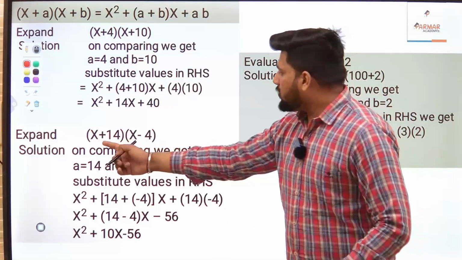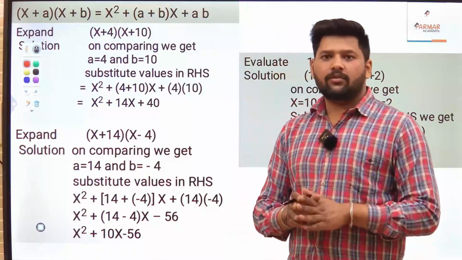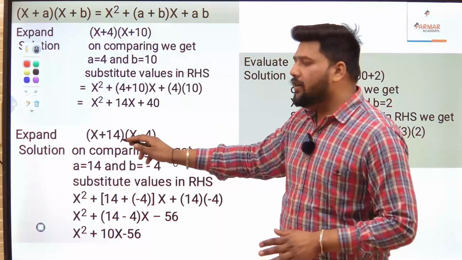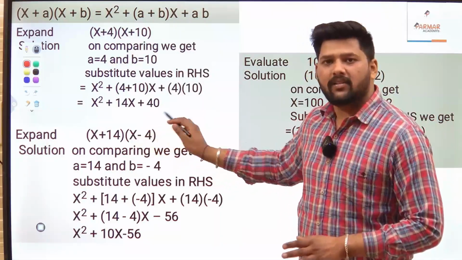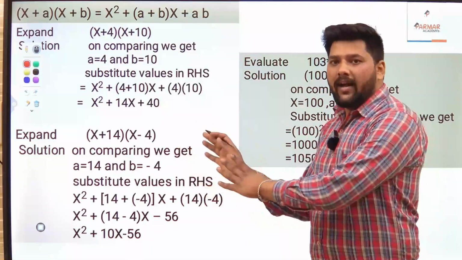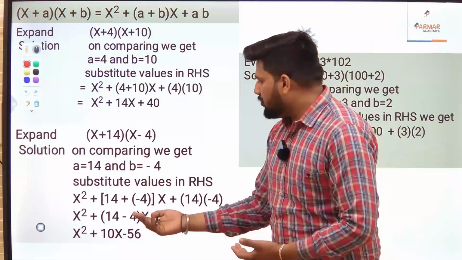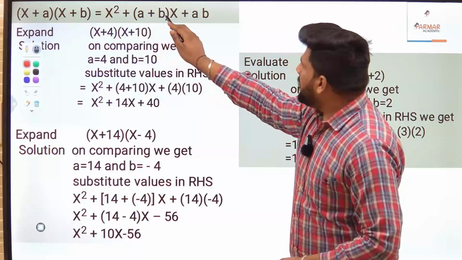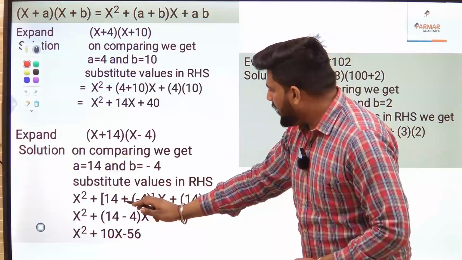Clearly the first values of both the factors are same, so this identity is applicable. On comparison I will get the value of a is 14 and b is minus 4. Now simply substitute these values in the right hand side. So after substitution I will get x square plus a plus b, that is 14 plus b.